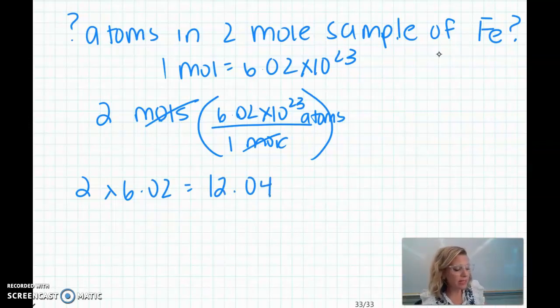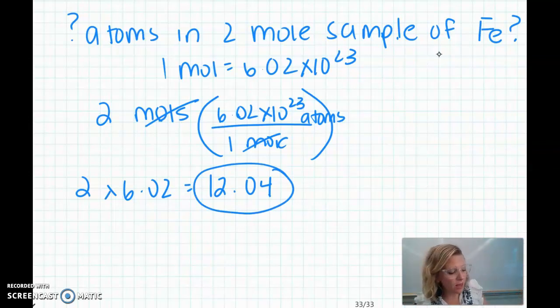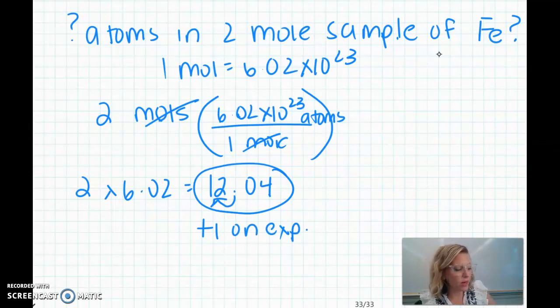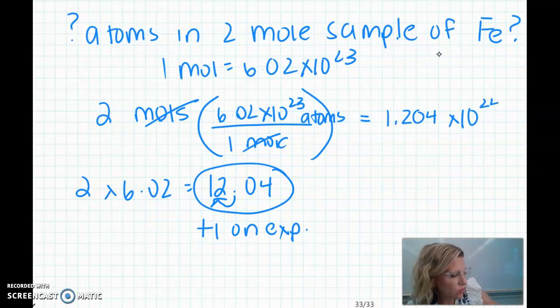Now notice my decimal place moved to 1 bigger. Because of that, anytime the decimal place moves, we're going to add 1 to the exponent. We move that decimal place back and then add 1 to the exponent. So our answer here is going to be 1.204 times 10 to the 24th atoms.